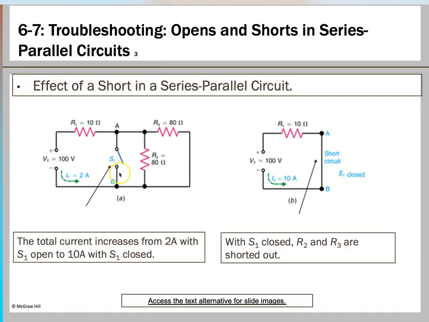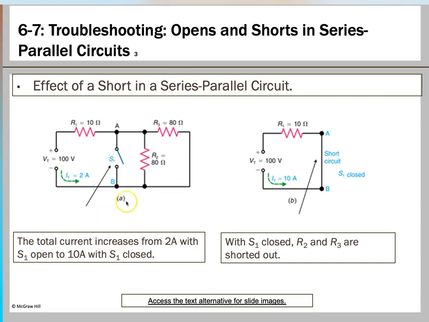This is the same thing which we saw previously. When S1 is open, the current will flow through all these branches normally. So total current increases from 2 amps with S1 open to 10 amps with S1 closed.